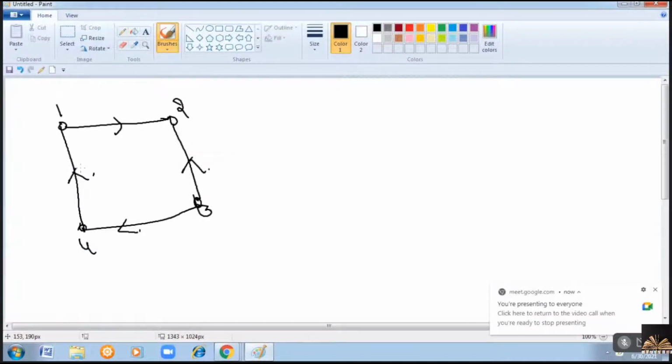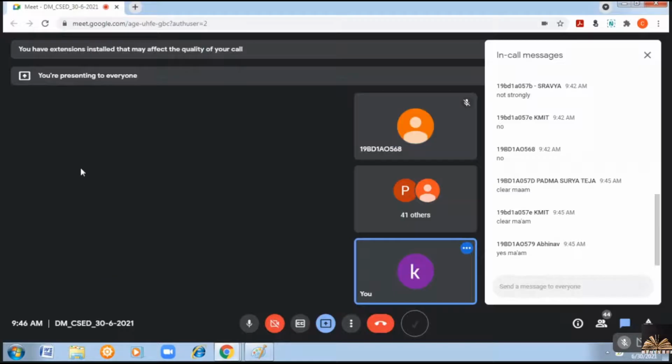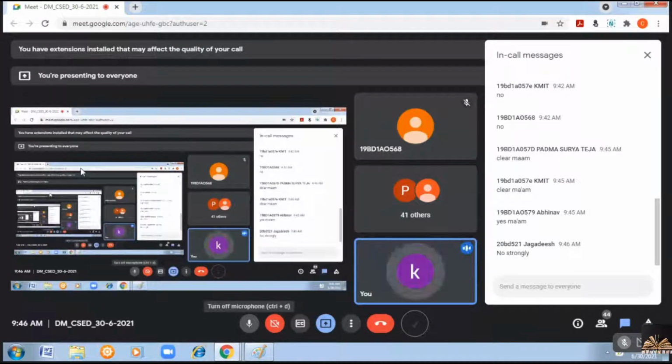If it is strongly connected, no need to check the other two conditions. Okay, it is not strongly connected.